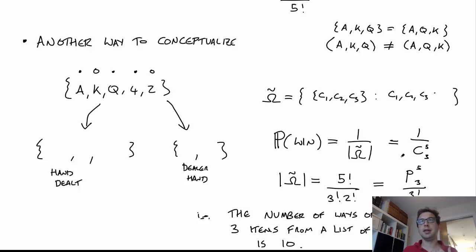Just as if I looked at the national lottery, the chance of you winning the national lottery is, I think it's 59 balls, and the 6 that you're required to get to win it. Okay? So in the case of the national lottery, the probability of you winning is 1 over 59 choose 6, I believe.